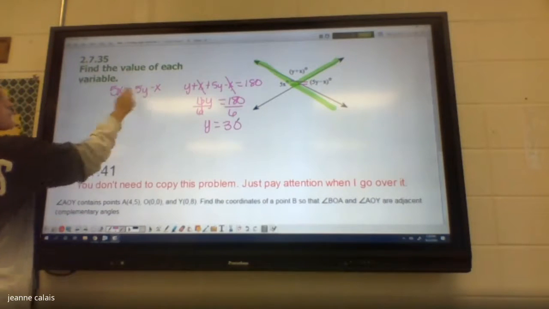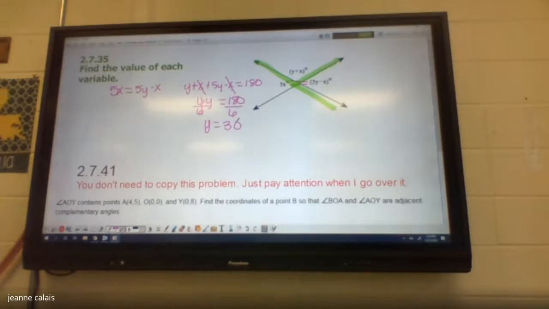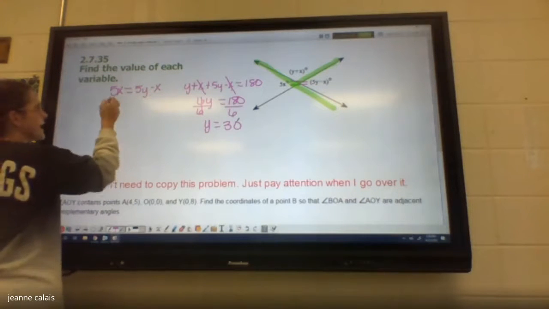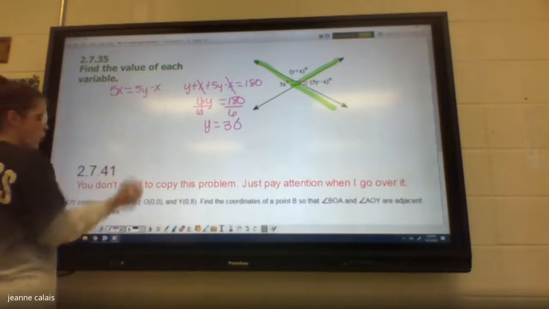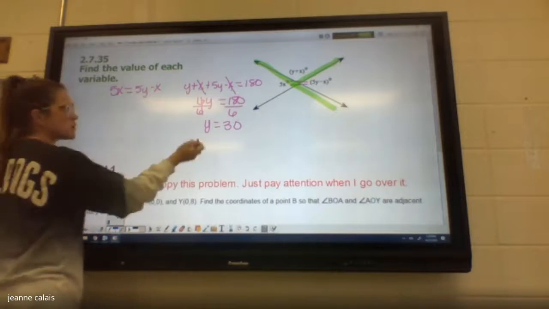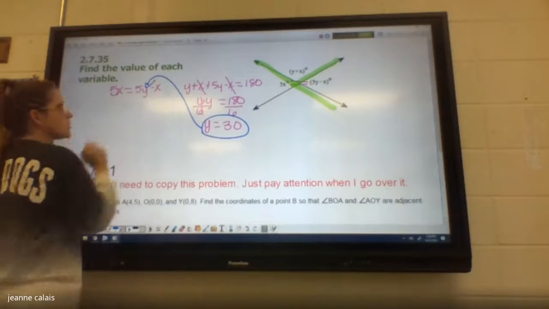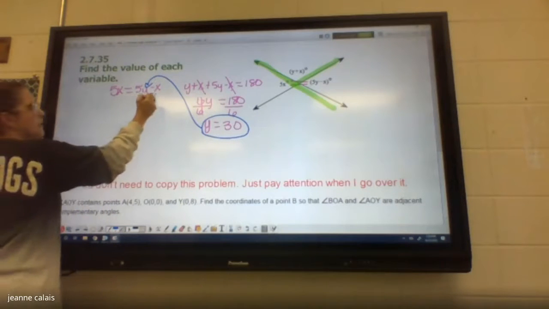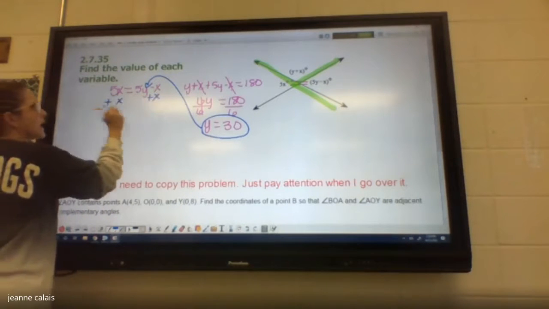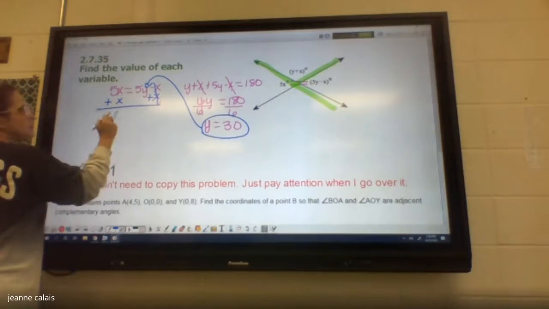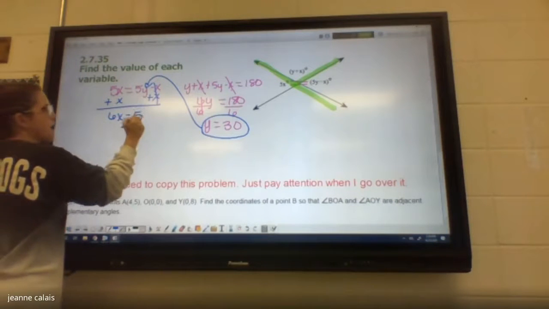Now, all we're asked to find is the value of each variable. All right, well, I'm good now. Because what I'm going to do is use substitution. I'm going to replace y with its value. And so I'm going to go ahead and get x to one side. So I have 6x equals 5y.